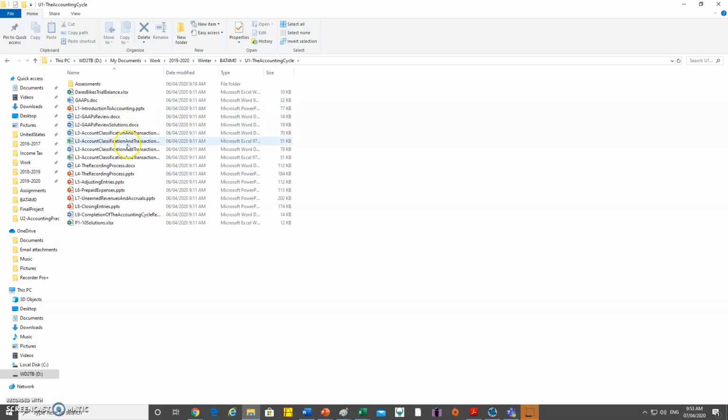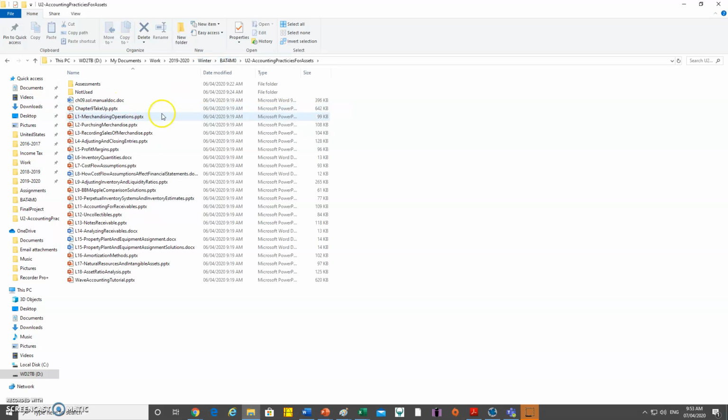Things like the GAAP and how they end up affecting our accounting practices, the recording process, and then they extend a little bit further into the adjusting entries like prepaid accounts, as well as unearned revenues and adjusting entries, as well as closing the accounts. So essentially, Unit 1 is a recap of grade 11 and all the essentials that you need before continuing into the new stuff.